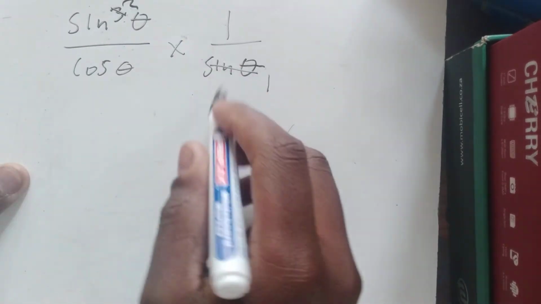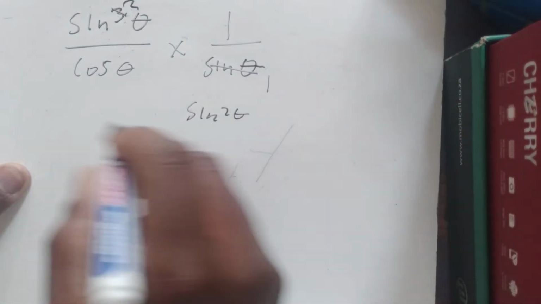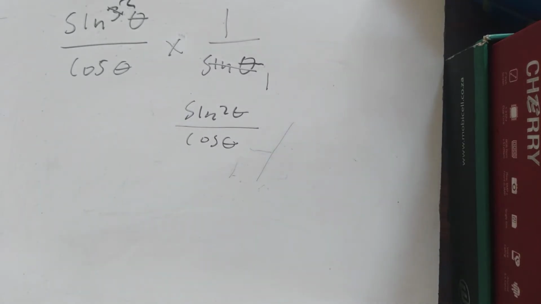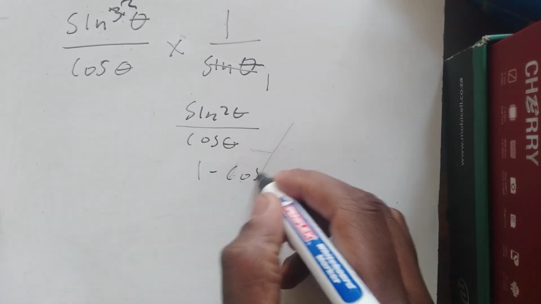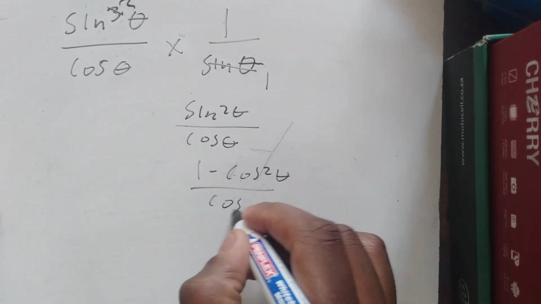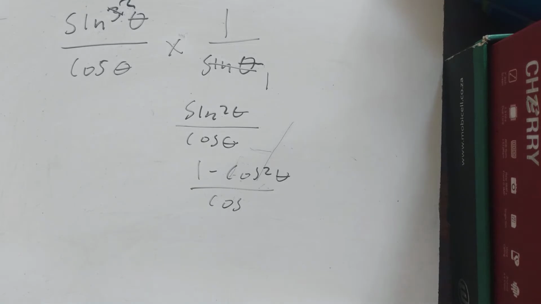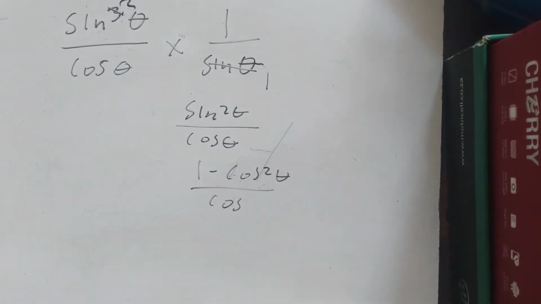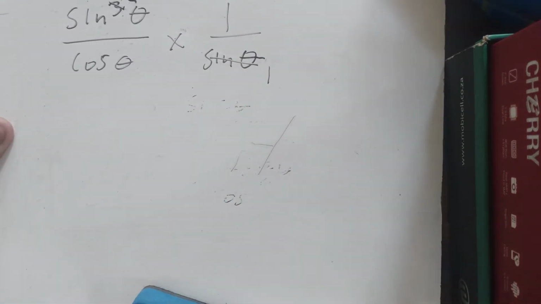Sine squared theta times 1 is sine squared theta, and then now we have over cos theta. Of course, we could change this into 1 minus cos squared theta, but then it's not really going to help us, right? Besides, this is just my own example. I'm just showing you the skills of cross multiplying. There are some places where this thing will be useful.